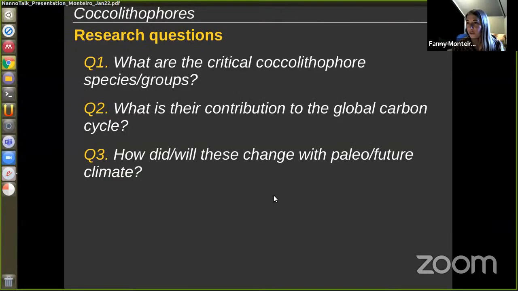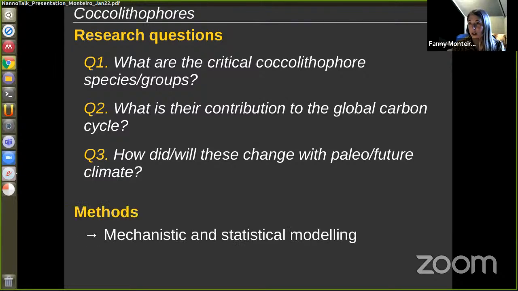That drives me to three research questions. The first one is, what are the critical coccolithophore species or groups? My second question, what is their contribution to the global carbon cycle? And finally, my third question, how did or will these critical coccolithophore species and their contribution change with paleo or future climate?